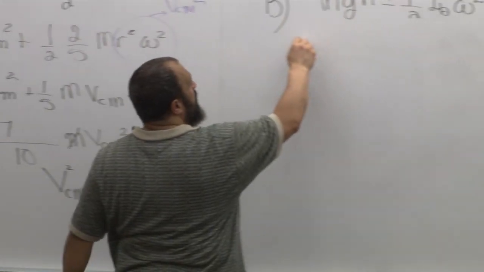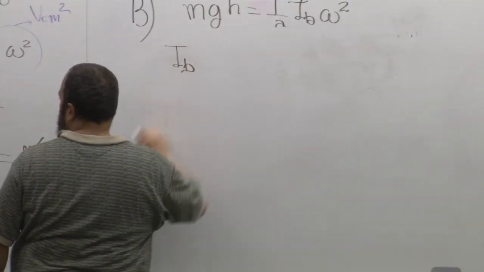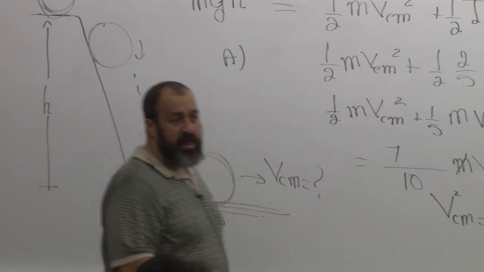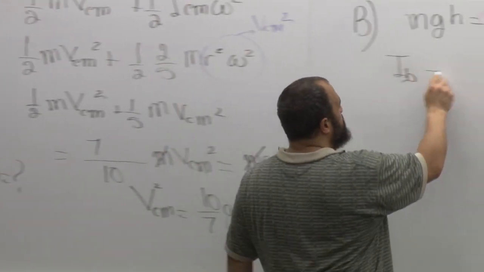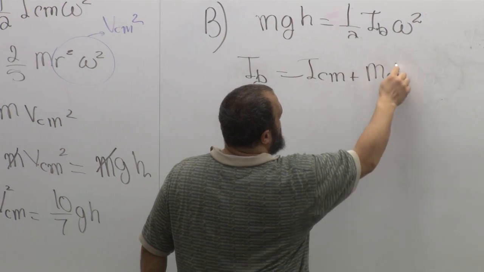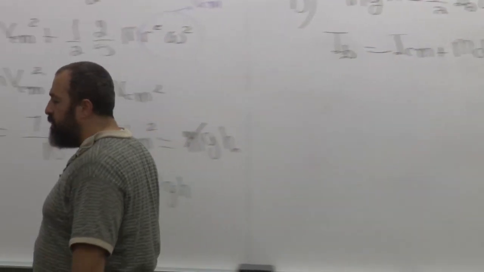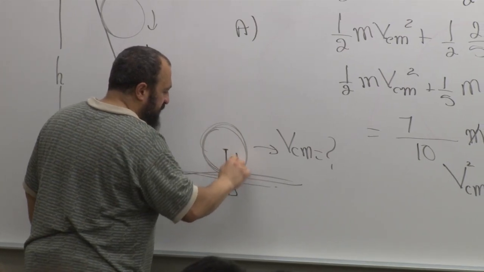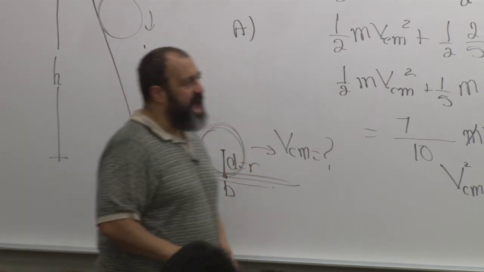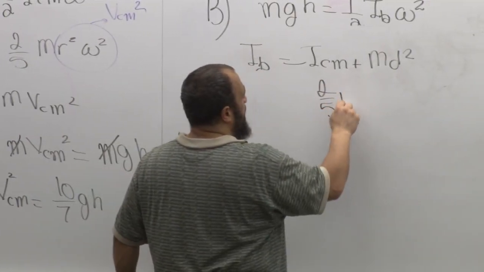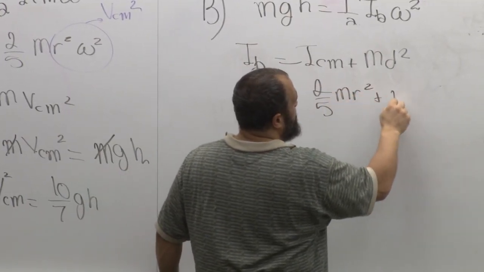I about B. This is point B. I about B for the sphere is what? ICM plus md squared. Where is d? D is the distance from here to there. D is r. So ICM for a sphere is 2/5 m r squared plus m r squared.